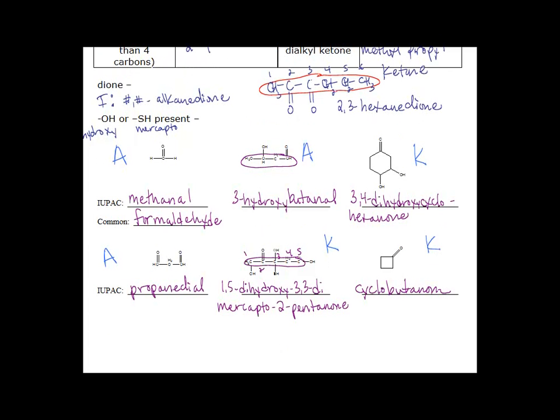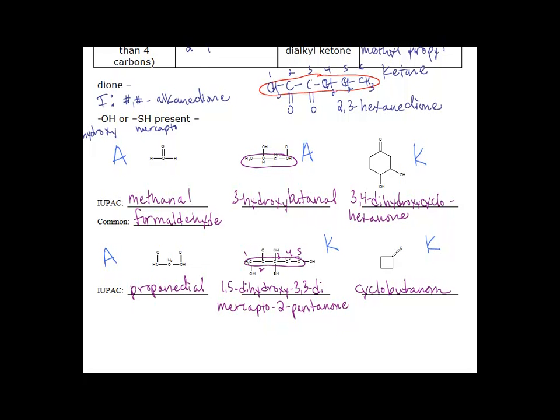So the first structure, the IUPAC name is methanal. The common name is formaldehyde. The second structure has an OH in the presence of an aldehyde, so OH will be called hydroxy. So it's 3-hydroxybutanal. The third structure, 3,4-dihydroxycyclohexanone.